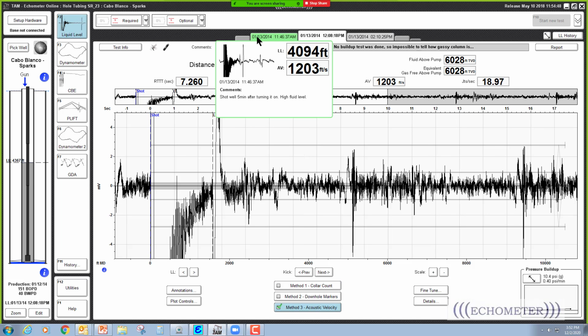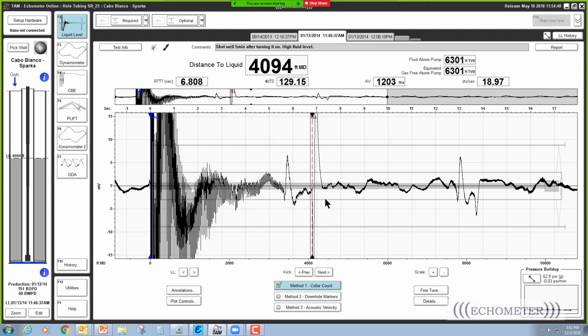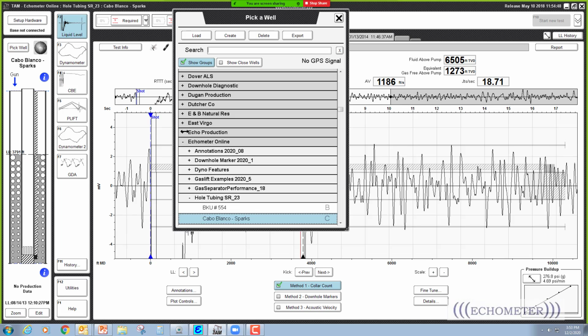Okay, let's go back. He came to the well and he shot down the well, and the tubing fluid level and the casing fluid level were about the same. This is a well where likely the holes are below the liquid level. So that's what this one is about. Let's go on to the next one.